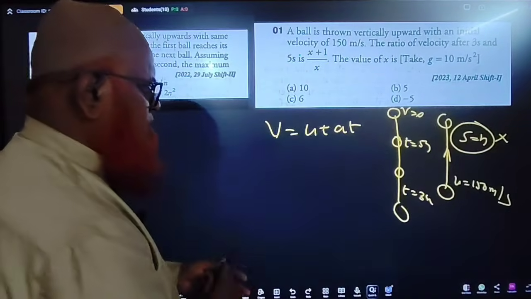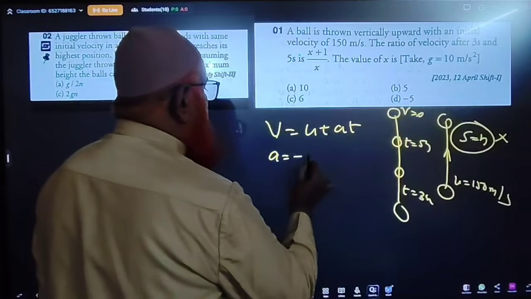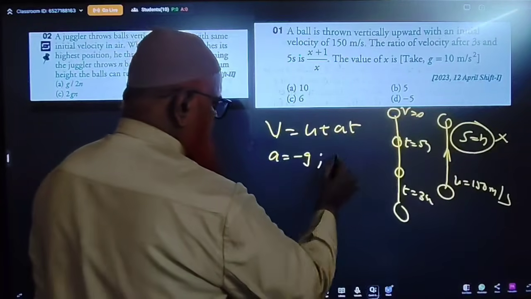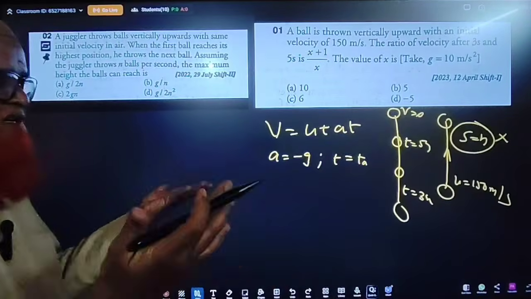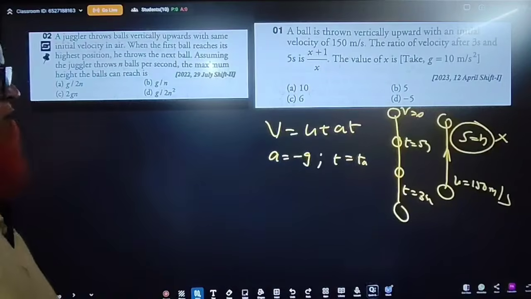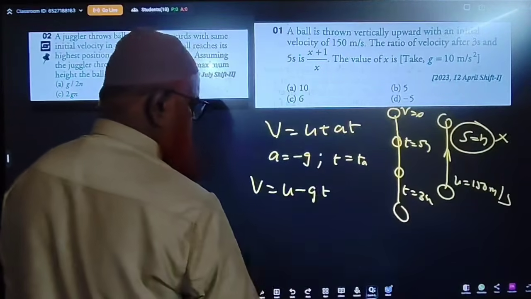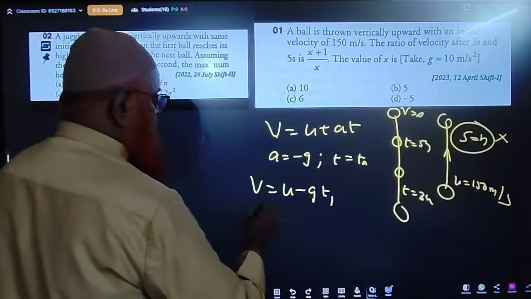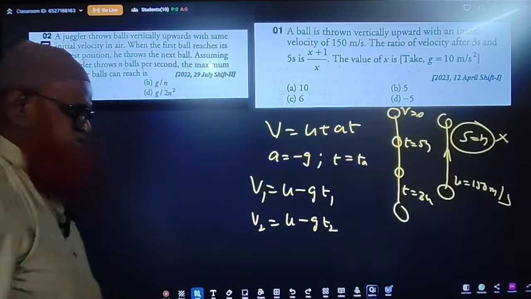How to solve this problem now? What is the data with us? A is equal to minus G, and V is not 0 because it is not the time of ascent. So what will we do now? See, V1 is equal to U minus G T1 for the first case, and V2 is equal to U minus G T2 for the second case.